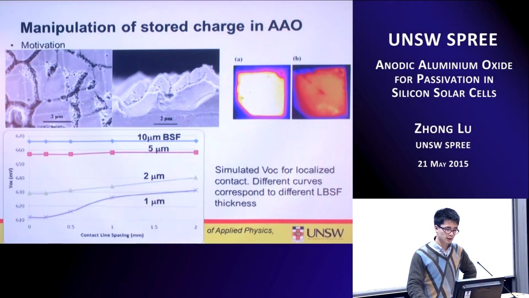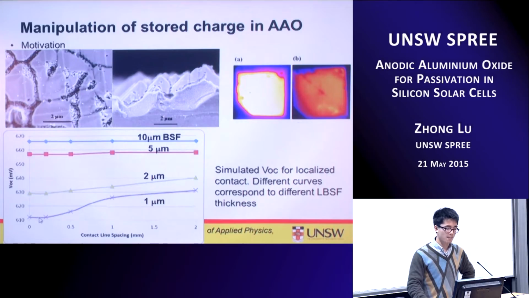We can see from this simulation that if you have a very thick BSF, you don't have the penalty of losing VOC when you place your localized contacts closely together. But if you have a very shallow BSF, this is going to hurt the VOC, and that's what we are seeing here. The contact spacing in my case is only 2 micron, so it will be somewhere here.